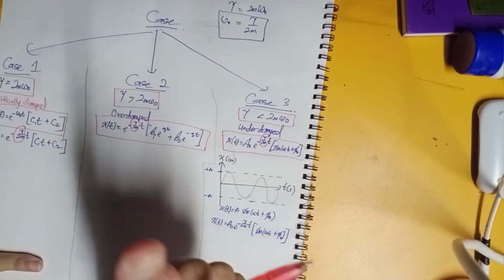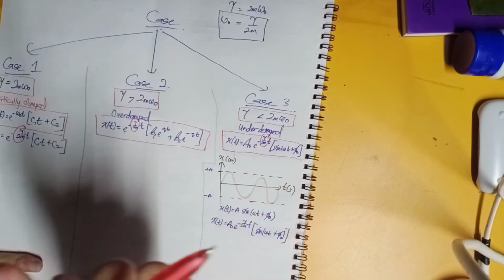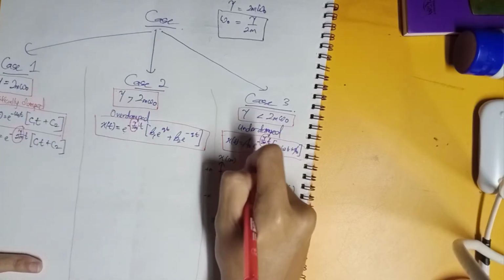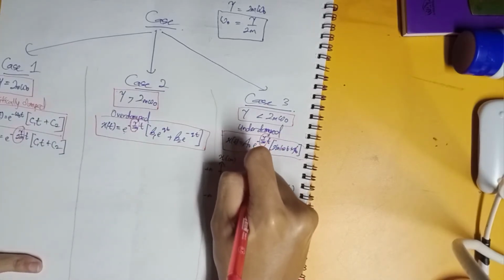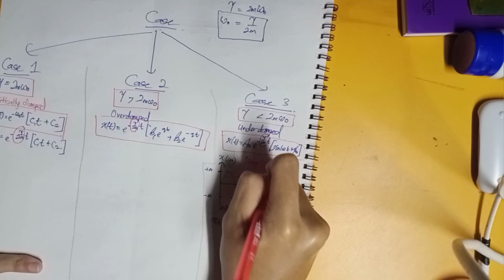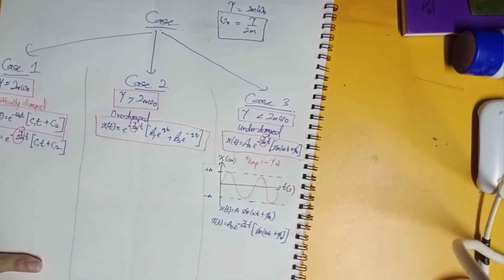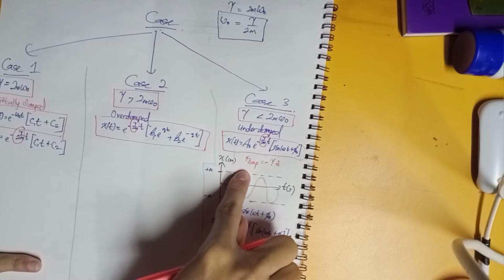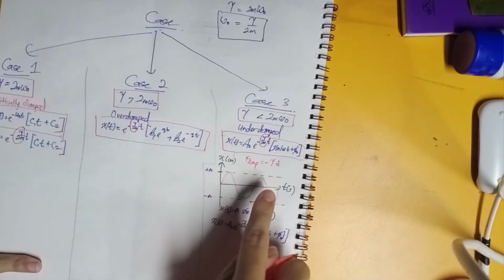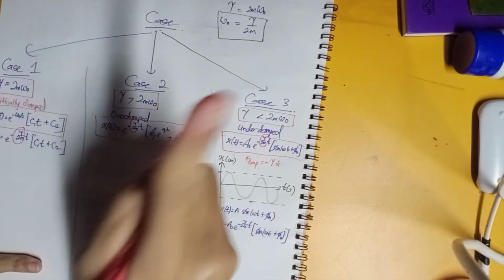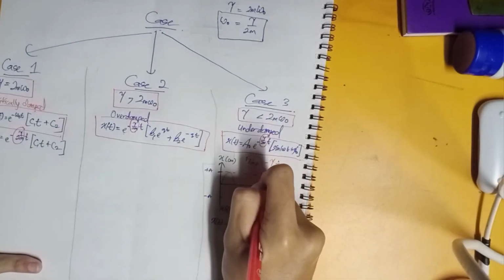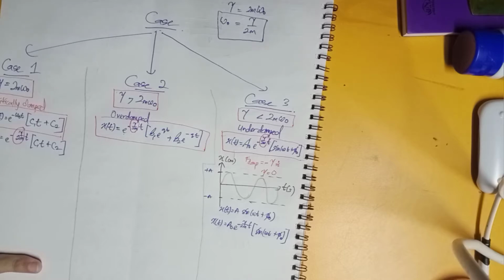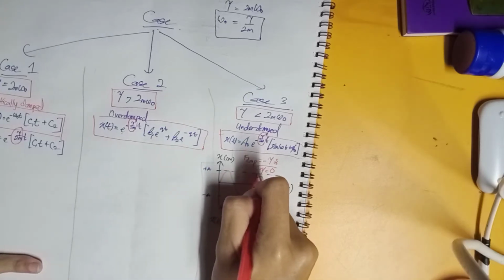In simple harmonic motion, there is no damping force. We know that damping force is equal to negative γ times the velocity. Since we don't have a damping force, at the same time there is no damping constant, which means the damping constant is equal to 0.